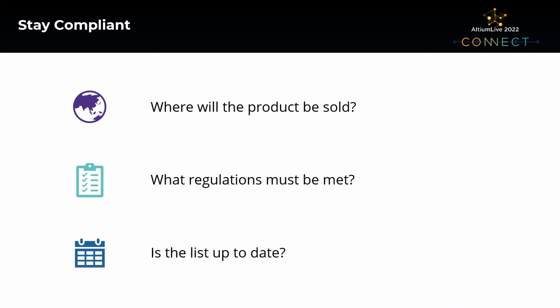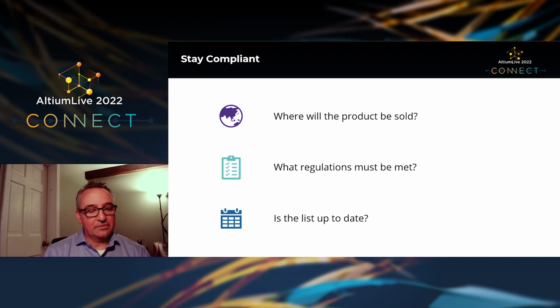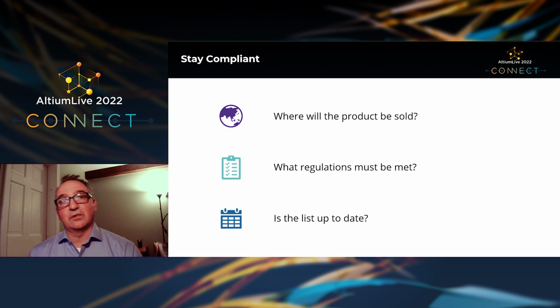And then stay compliant. We talked about all the environmental regulations and the changes that happen all of the time. What you need to think about is, where is your product going to be sold? Is it going to be sold in Europe? Do you need to make sure that you've got a dossier in the SCIP database for the European Union?